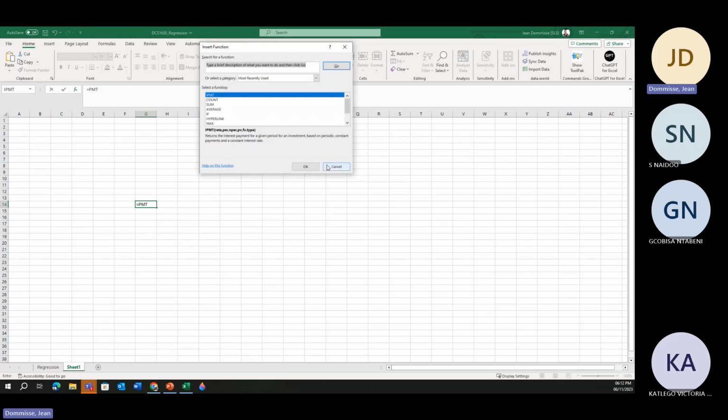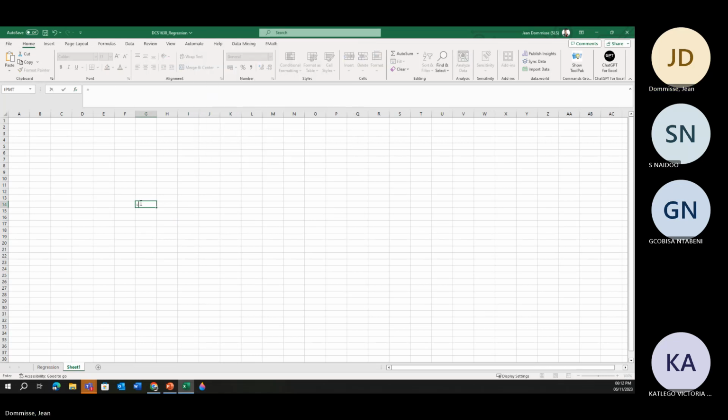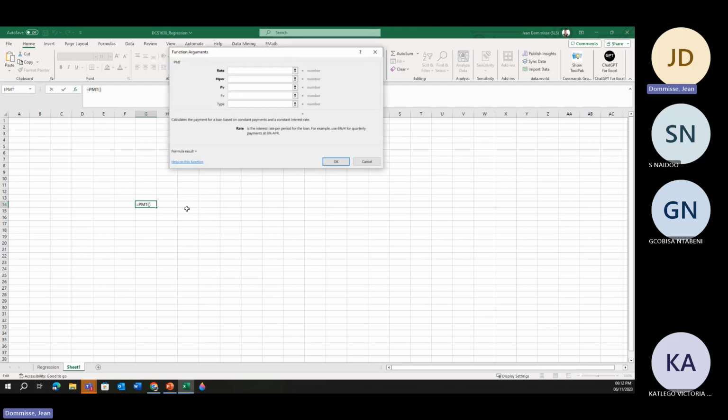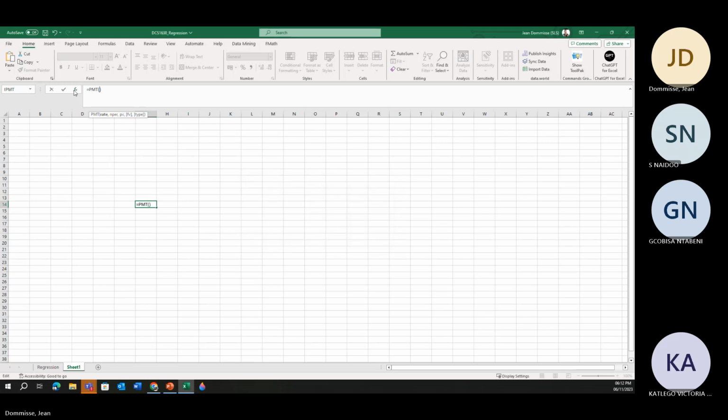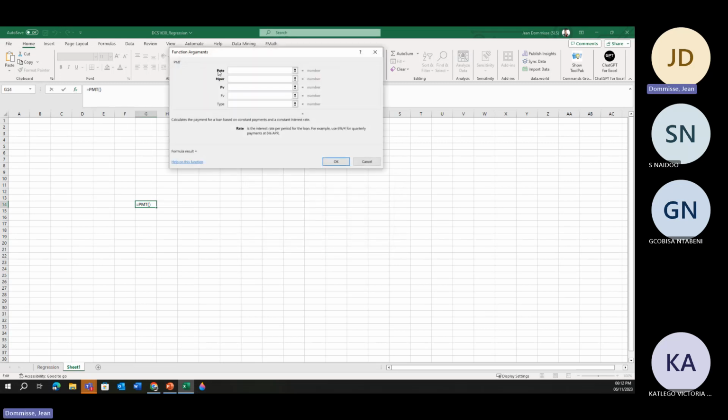So if you look at, let me type in the PMT one, and you will see it covers your N, so that is number of payments. It covers your present value, it covers your future value.